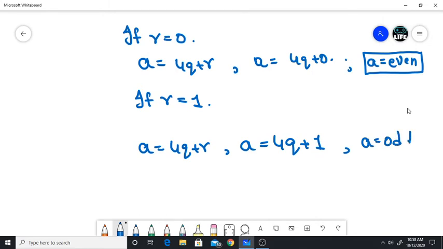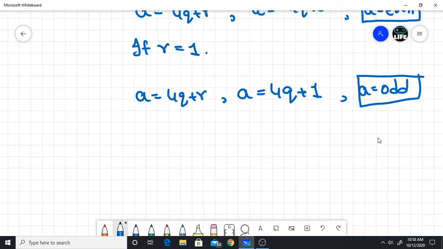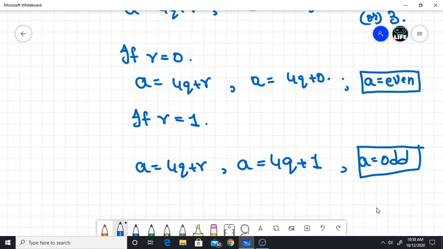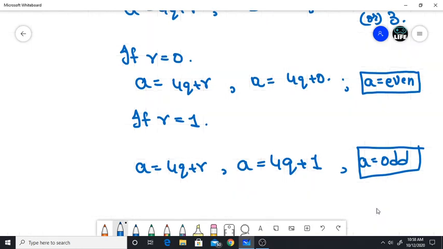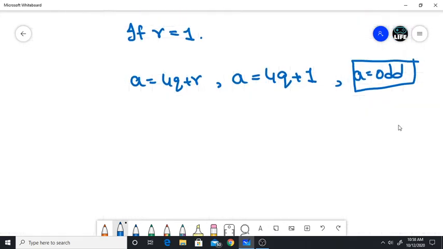So a equals odd. I'll tell you after doing this in a simple manner.